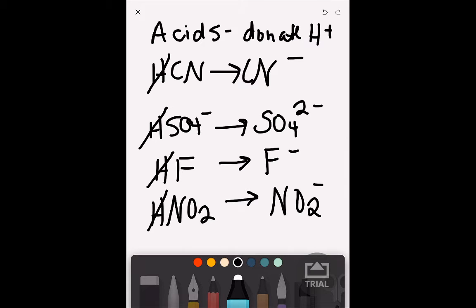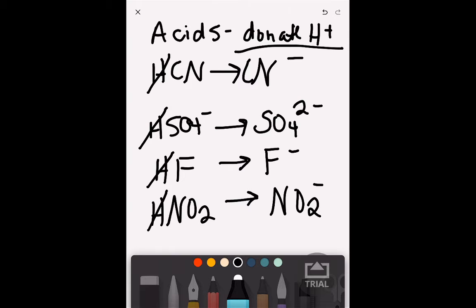So what you have to do for that conjugate base is you have to say, okay, this has a hydrogen ion. If it's an acid, it has to donate. It has to get rid of that hydrogen ion. So I take the hydrogen ion away, and I know that when the hydrogen ion goes away, a positive goes away with it, which leaves what I have left more negative by 1, okay? So the HCN becomes CN negative.